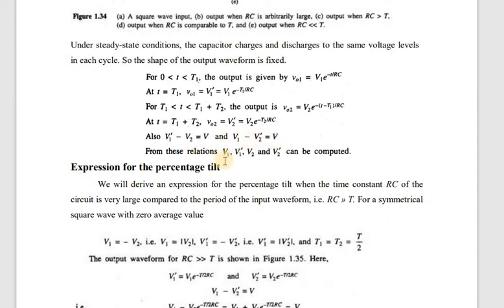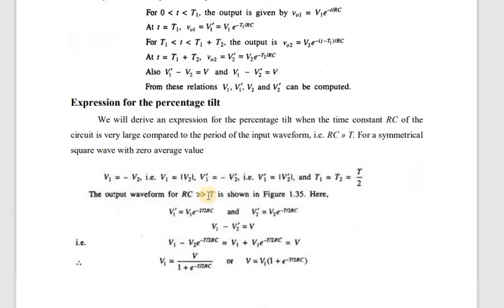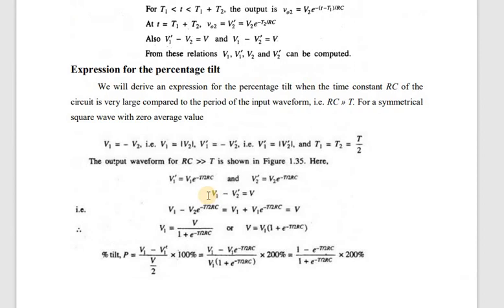So for this relationship, V1, V1', V2 and V2' all have to be computed. That computation will be given by the expression of the percentage tilt.